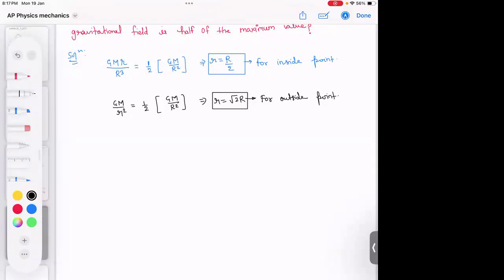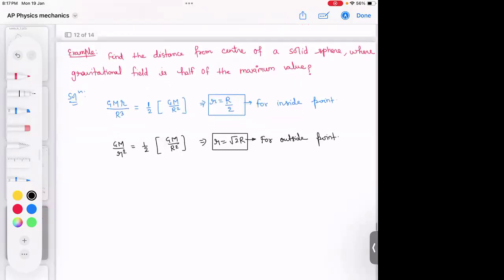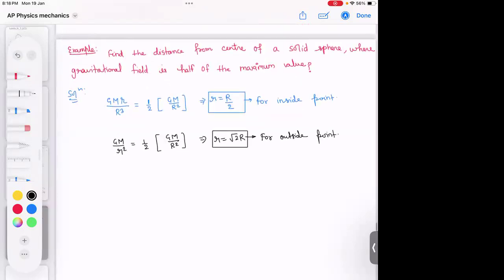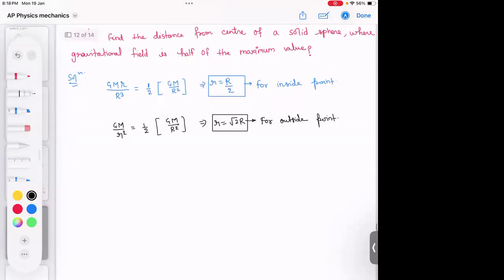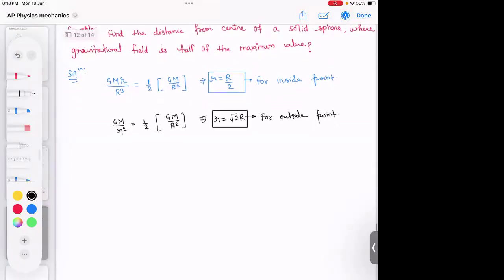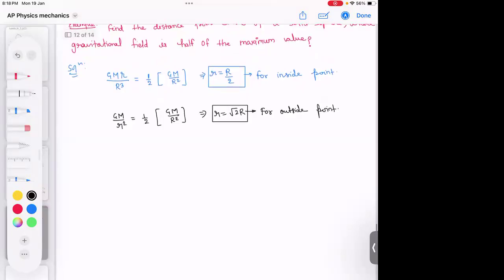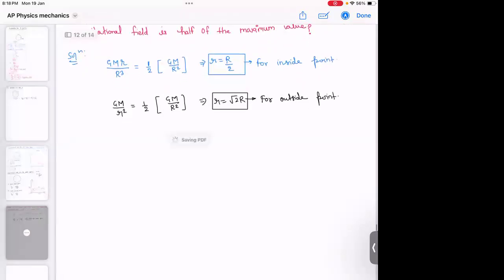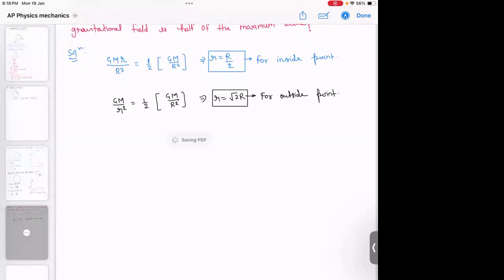In both cases, the gravitational field decreases from the value we have on the surface of earth. Understood? Please tell me. Clear this one? Yes. Okay, so these are about the gravitational field.